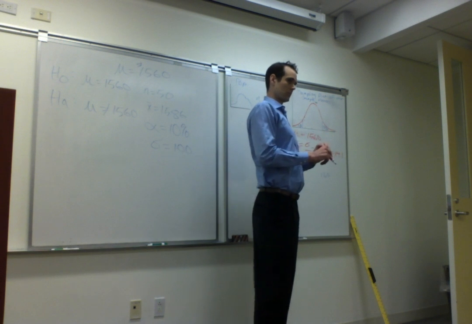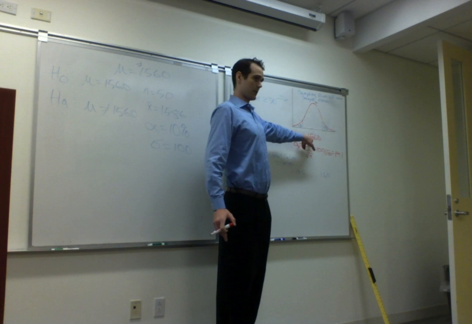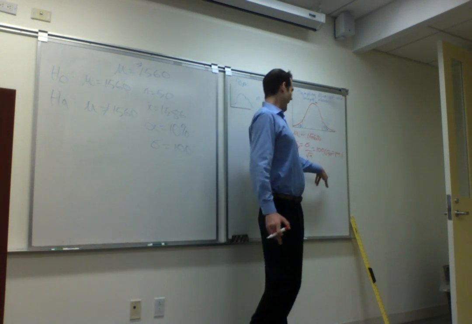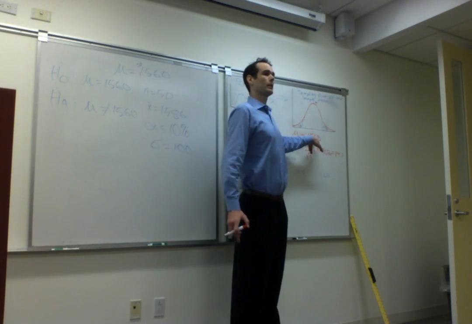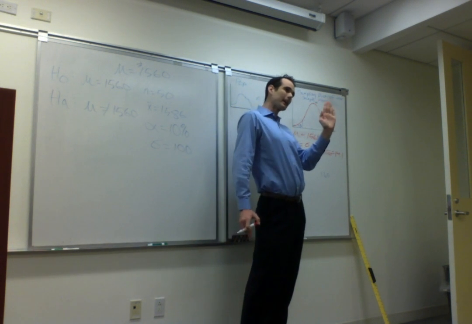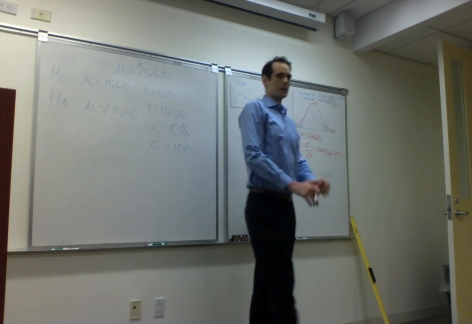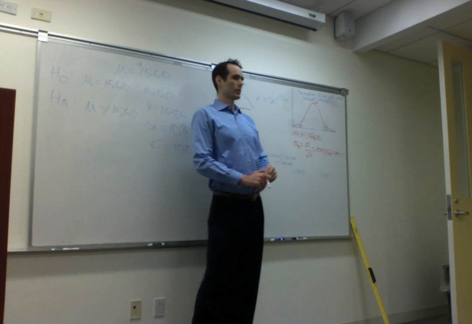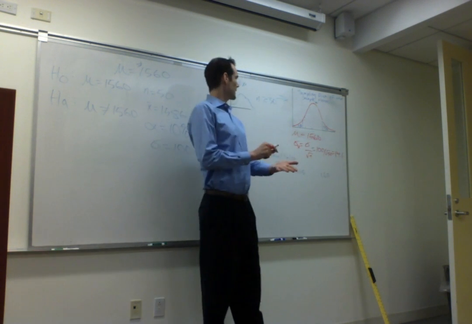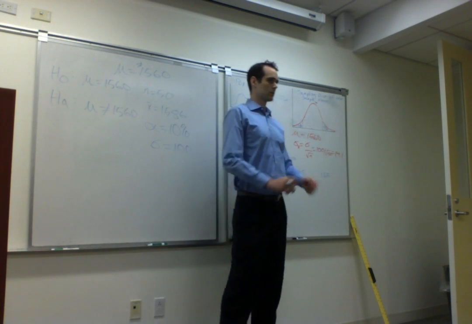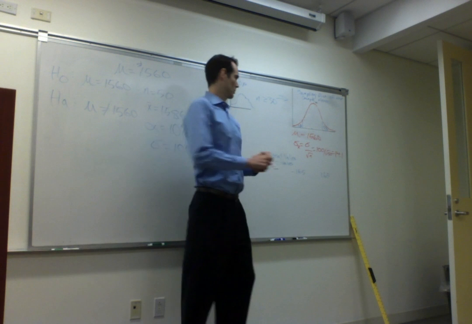Sorry, can you say that? So we're going to assume that the mean of this is 1560. We need to add 1.65 standard deviations to that number to know where that critical point is. Where if it's higher than that, we reject. If it's lower than that, we do not reject. So you're going to take 1.65 times 14.1 plus 1560. 1583.